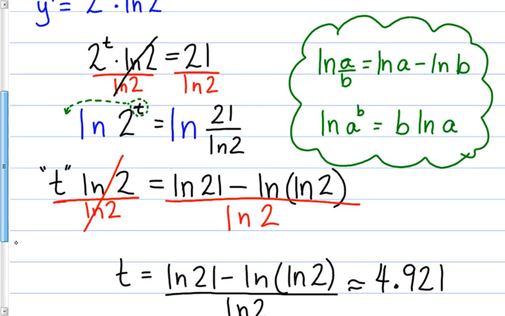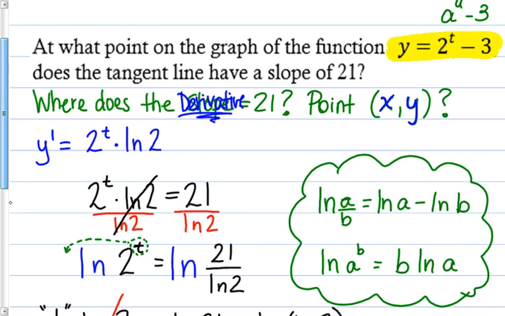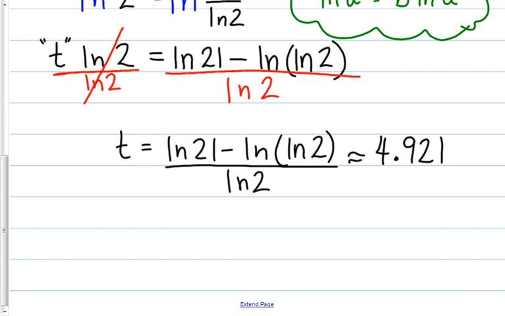Well, how do I figure out y? This function here is y equals. So in order to figure out y, I'm going to take my t and plug it in. So find y. y equals 2 to the t power minus 3. Then using your wonderful calculator, you would get the original decimal that you got.